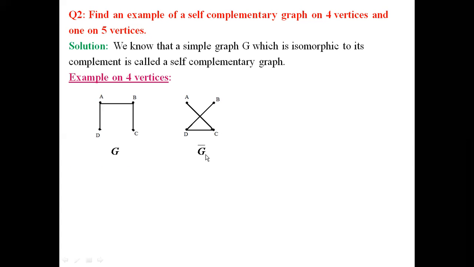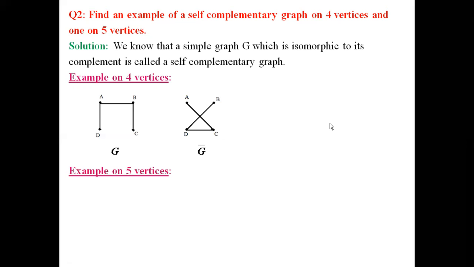That is how we draw the complement of a simple graph. Now, we observe that they are isomorphic to each other, hence it is a self-complementary graph, because it looks the same way if you exchange the positions of the vertices in another manner, we obtain the same graph as G.